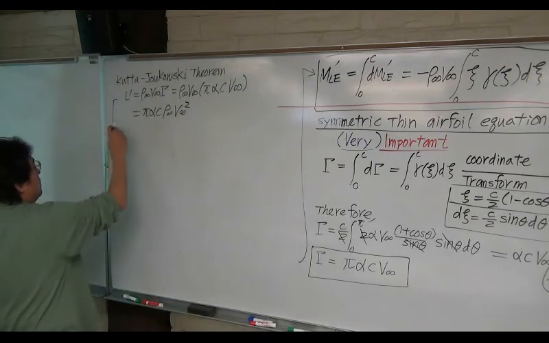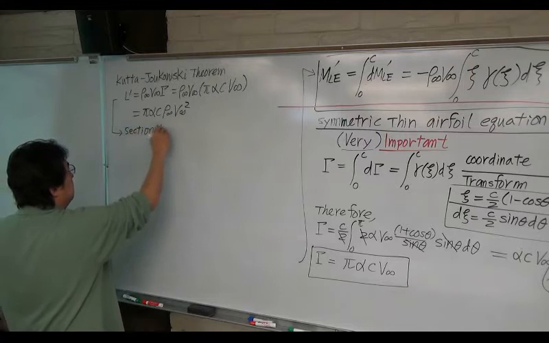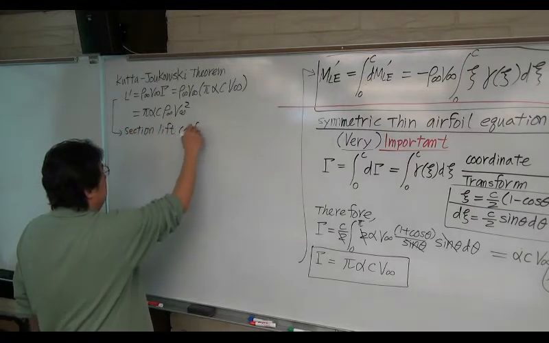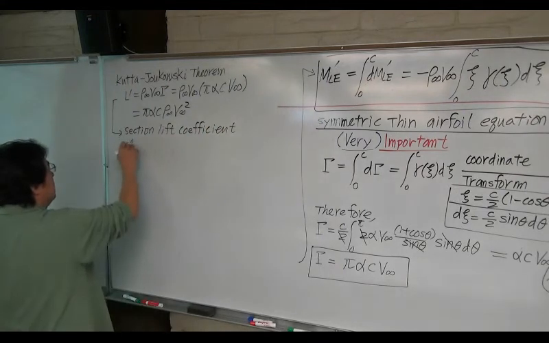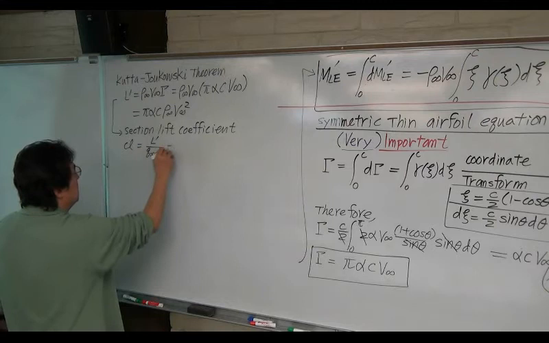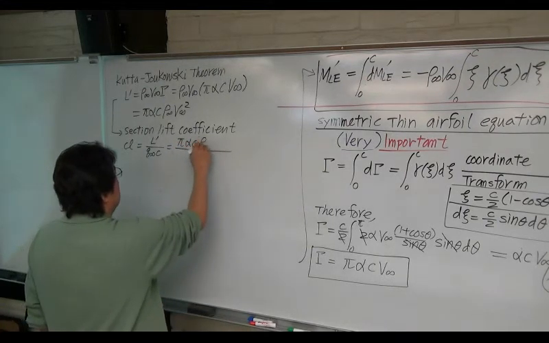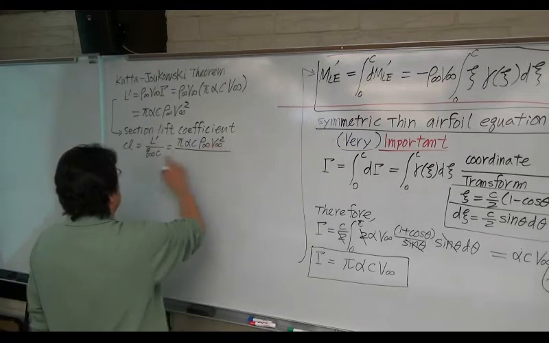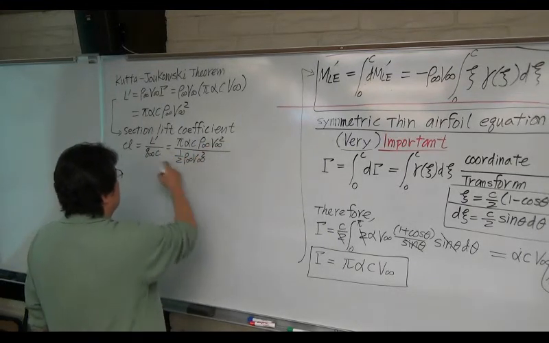From here, let's find out the section lift coefficient, which is CL. Obviously, L prime divided by q infinity times c. L prime is pi alpha c rho infinity b infinity squared. q infinity is 1/2 rho infinity b infinity squared. c is the chord.